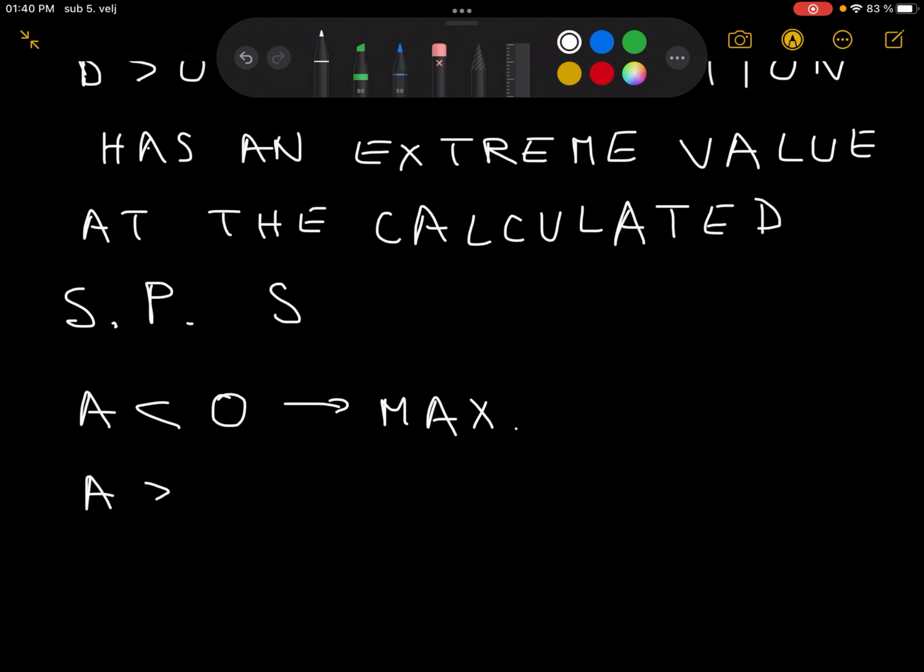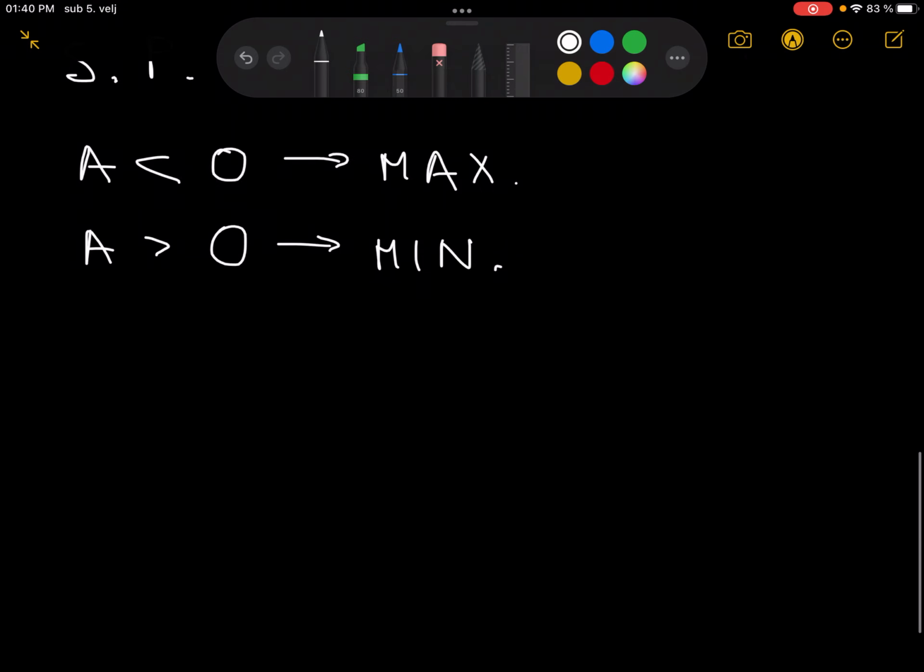If A were greater than 0, then that would mean that the function has a minimum in that stationary point.